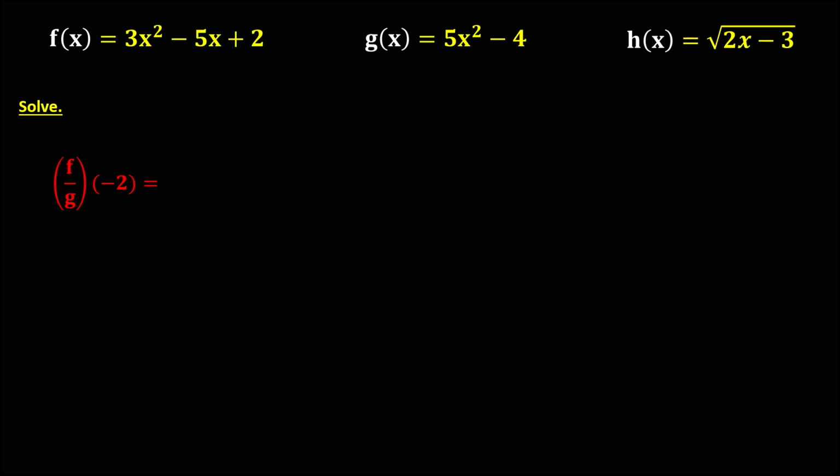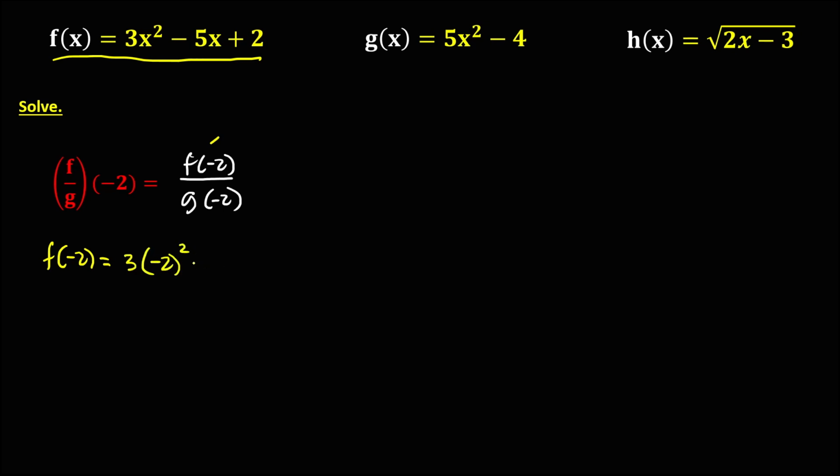Then for this function, this is equal to f of negative 2 over the g of negative 2. So first, we need to find the value for f of negative 2 from f of x. So we have 3 times x, which is negative 2 to the power 2, minus 5 times negative 2, then plus 2.